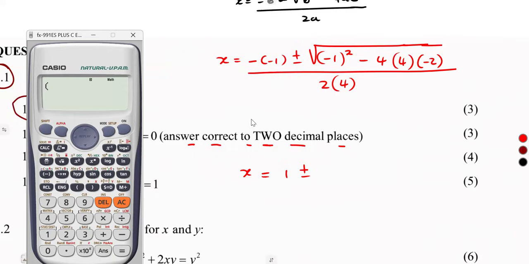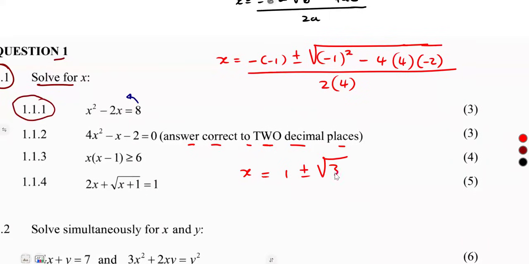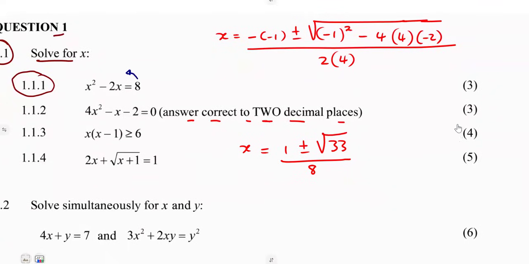We have -1 squared minus 4 times 4 times negative 2. This is going to give us 33. So that is the square root of 33. And 2 times 4 is 8. At least try to simplify this stage to see the number that is under the square root.